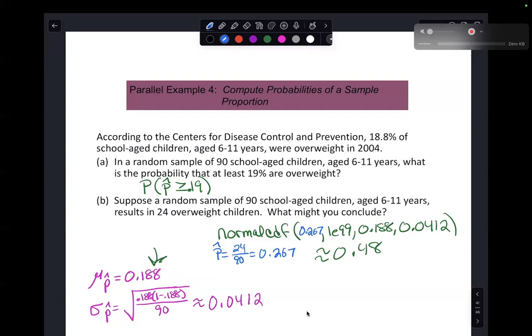Maybe the Centers for Disease Control and Prevention have that wrong. You're just making some sort of an assumption. I don't care what you're speculating, but you're going to speculate about why we would get a sample of so many overweight children. Based on the fact that it's unusual, just make some sort of speculation there. Questions?